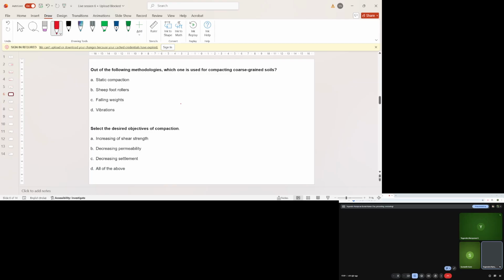The most effective way for compacting coarse grain soil is vibrations. Sheepsfoot rollers are for plastic soils, but the most suitable form for compacting coarse grain soil is using vibrations.